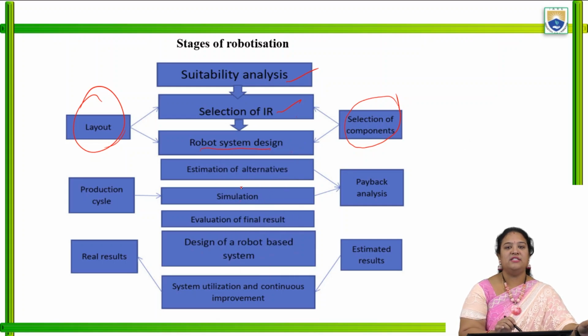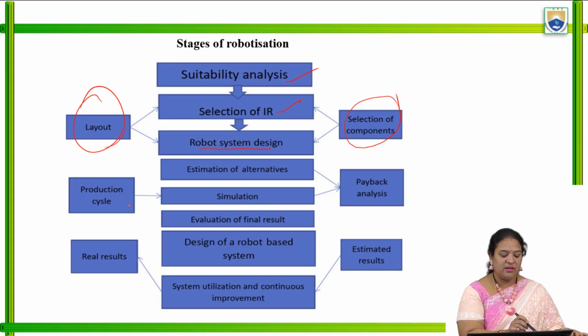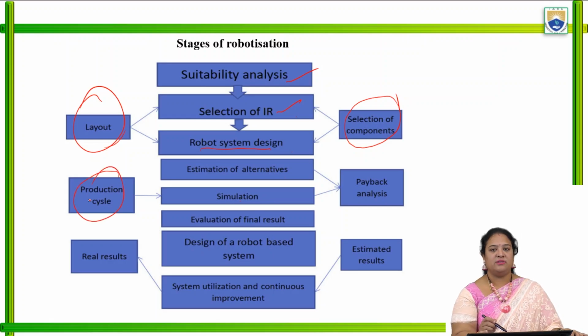We need to estimate the alternatives, which acts as a payback analysis. That is, we estimate the alternatives, and then we go for the simulation process, where we come across the production cycle.